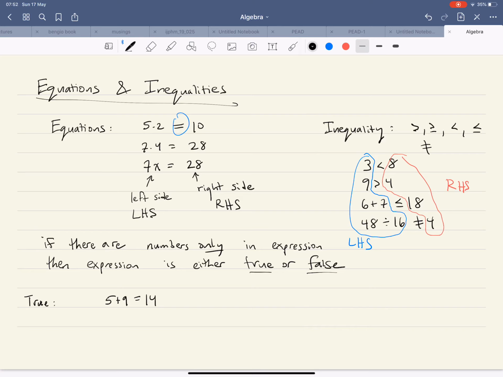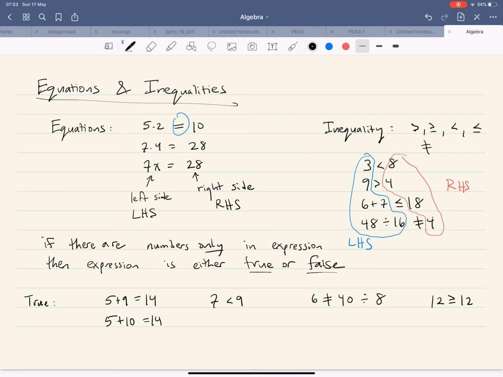Maybe I write 7 is less than 9, also true. 6 does not equal 40 divided by 8, also true. 12 is greater than or equal to 12. That's also true. Or maybe instead I write 5 plus 10 equals 14, right?